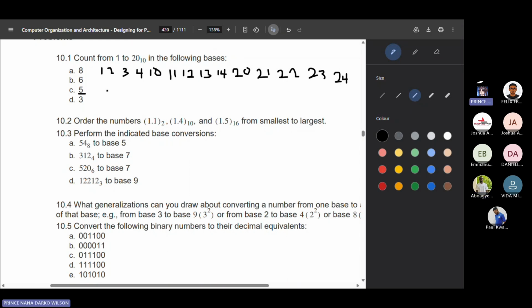Then we have 3, 0. So we have 3, 0, right? So we have 15. Then 3, 1, 3, 2, 3, 3, and 3, 4. And then we have 4, 0. So now we are at 20.